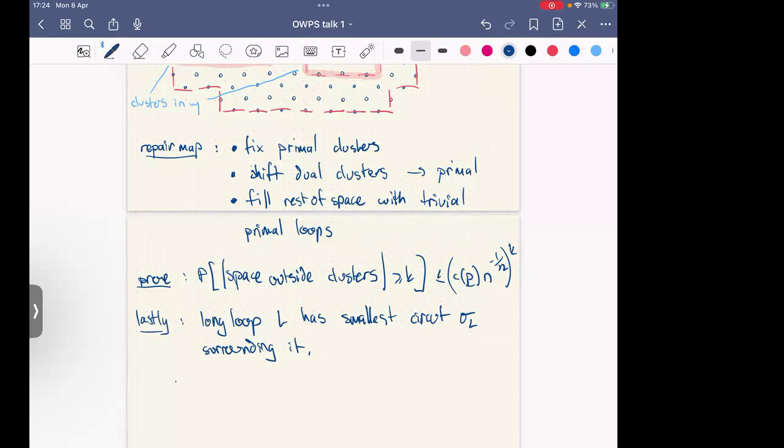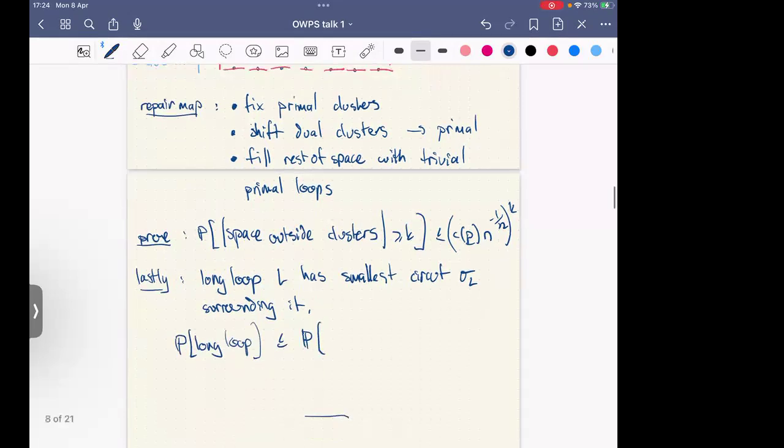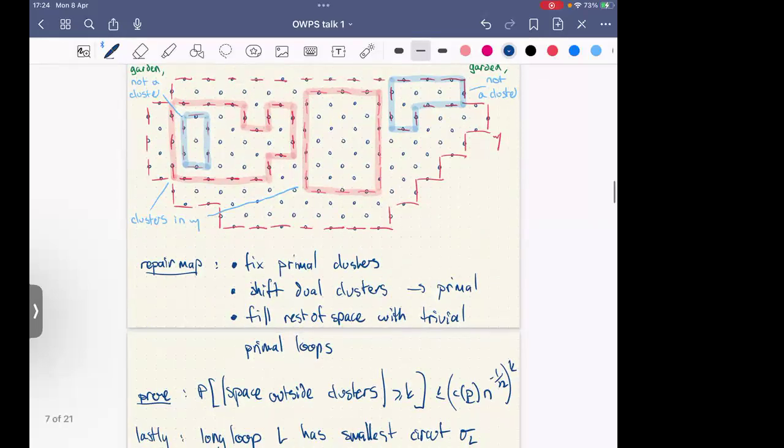So the probability of a long loop is going to be less or equal to the probability of a lot of space outside the clusters in sigma L. In particular, maybe I'll draw a picture.